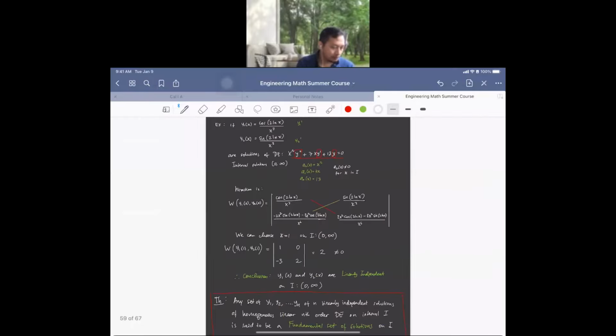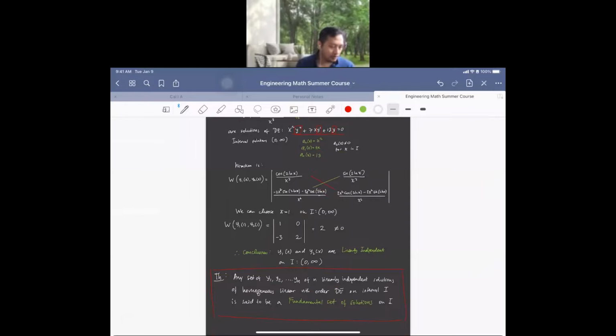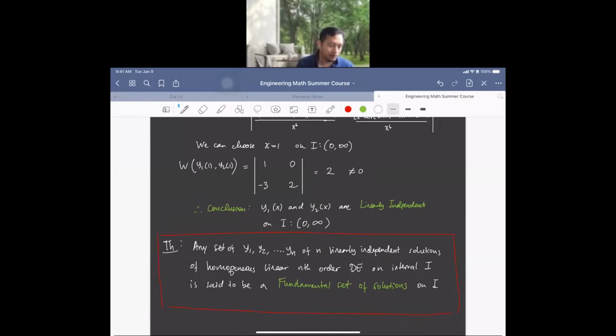Aside from that, we define our fundamental set of solutions. If we have any number of solutions y1, y2, and so on that are linearly independent solutions of the homogeneous equation, then that is our fundamental set of solutions on the interval.